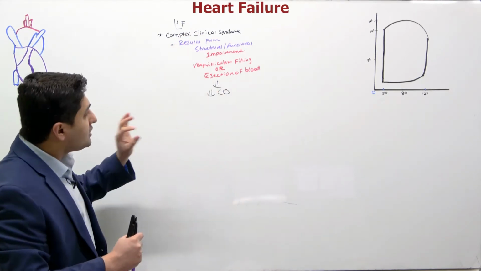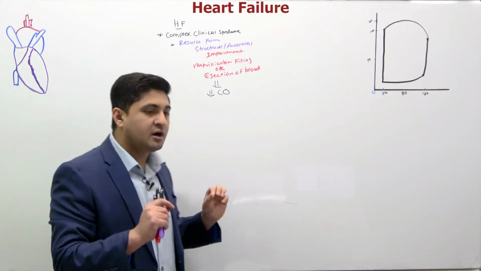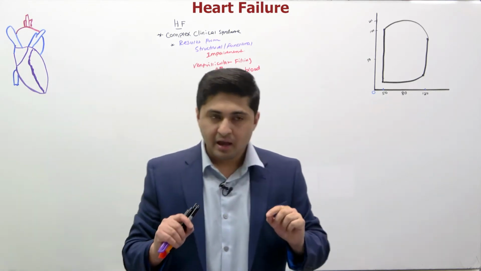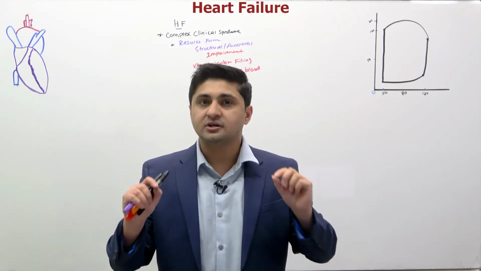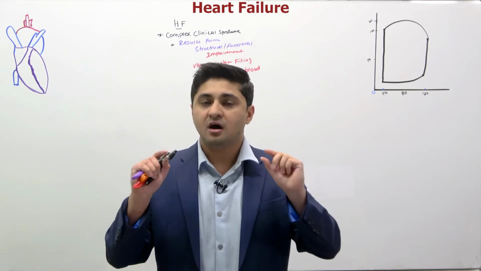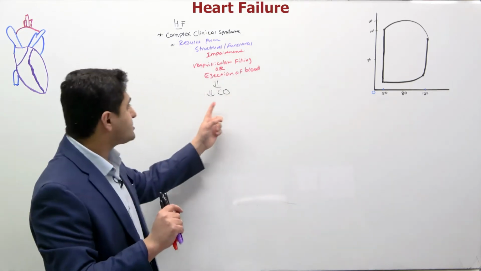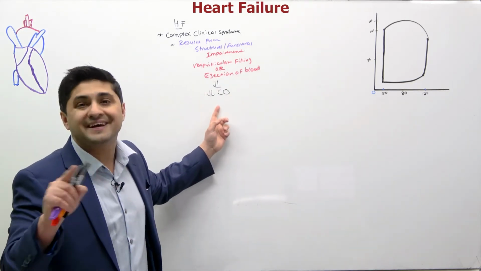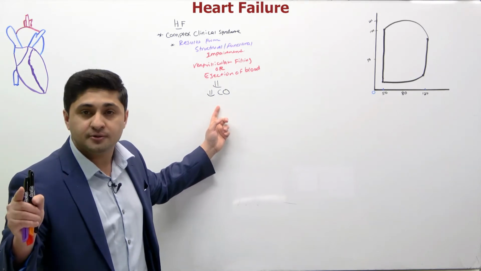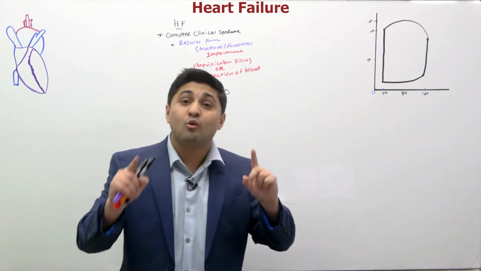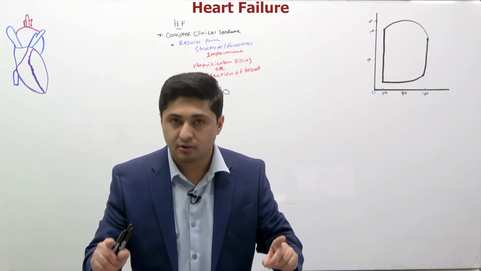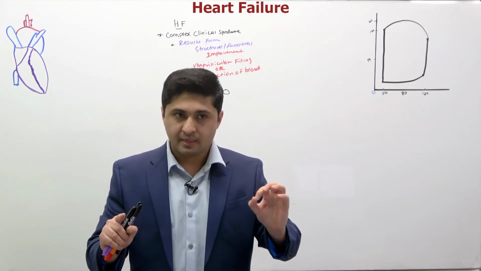Now, when we talk about heart failure, I have to tell you that generally we're talking about heart failure that results in low cardiac output. But there is one exception that you should be familiar with. It is rare, but you gotta know this.